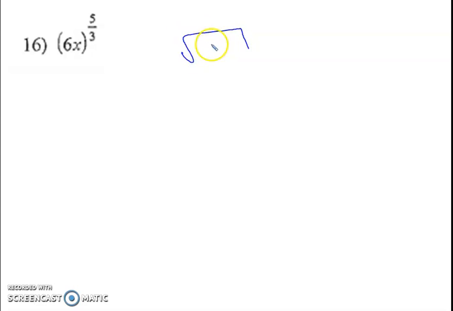Number 16, under the radicand, 6x, 3 goes out front, 5 goes in the back. Number 17, P goes underneath the radicand.